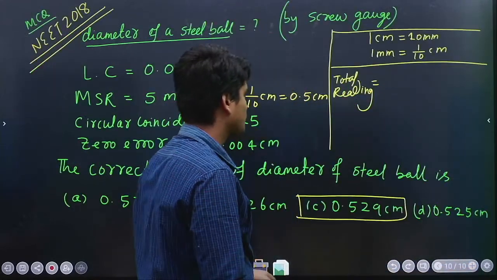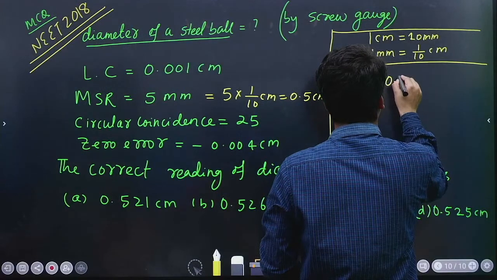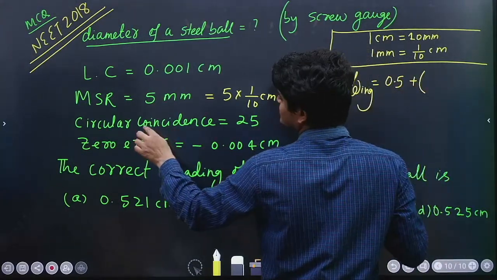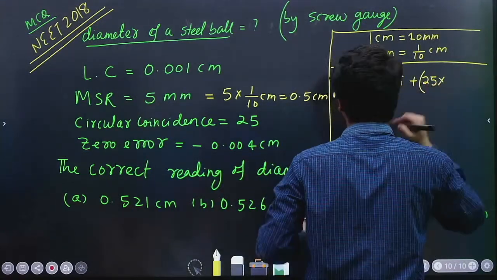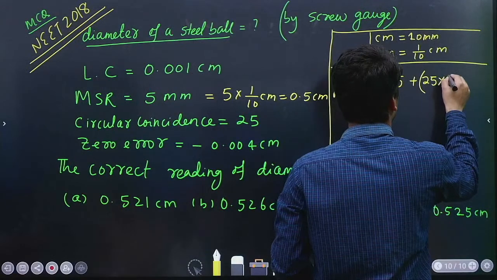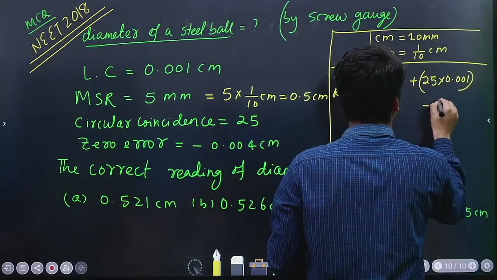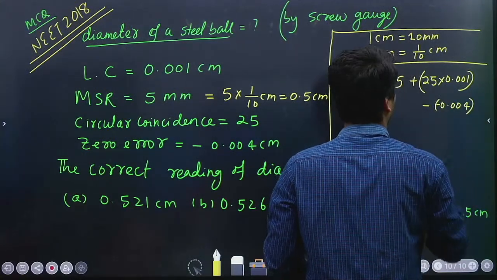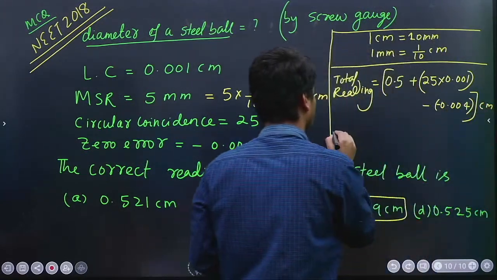Now MSR is 0.5, plus circular coincidence 25 into least count 0.001, then minus the zero error, minus 0.004, put with sign. And everything will be in centimeter.